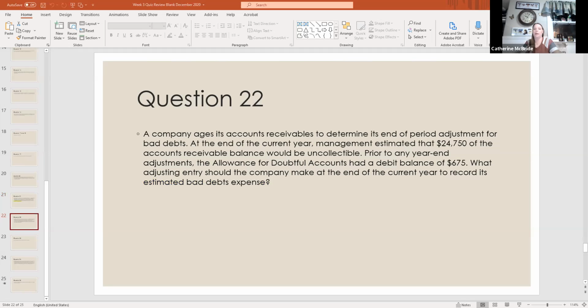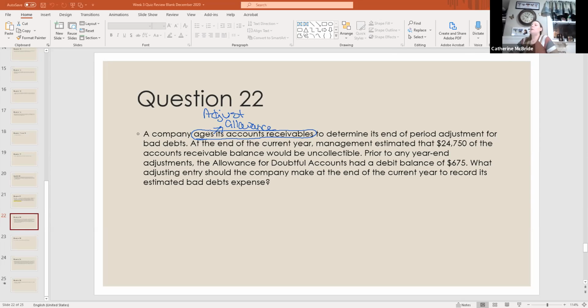So in this one, a company ages its accounts receivable. Okay, so again, we're looking at all of accounts receivable, which means we're going to adjust the allowance account.